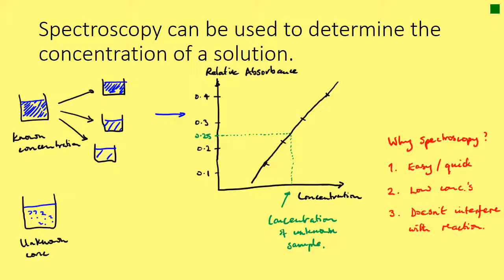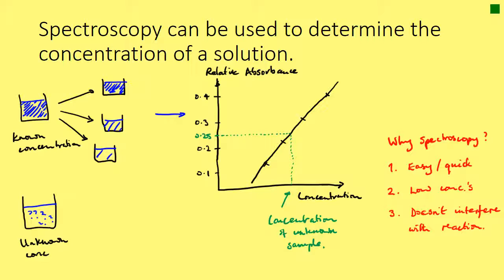And the last thing you need to know about spectroscopy is just the reason why we might use spectroscopy to find the concentration of a sample. So let's just write that in the corner here. Why spectroscopy? Why is this a good method to work out the concentration of a solution? Well, 3 main reasons. It's easy and quick. Second reason is that you can measure low concentrations and still get quality readings.